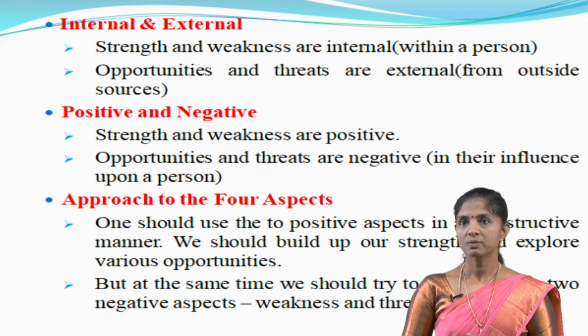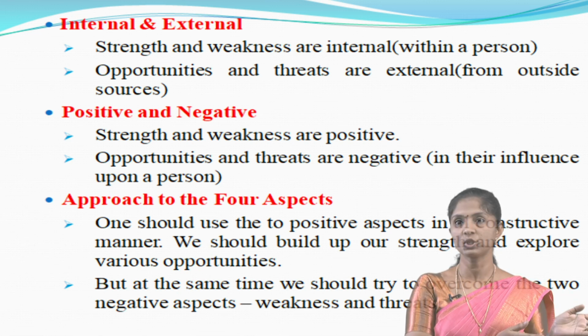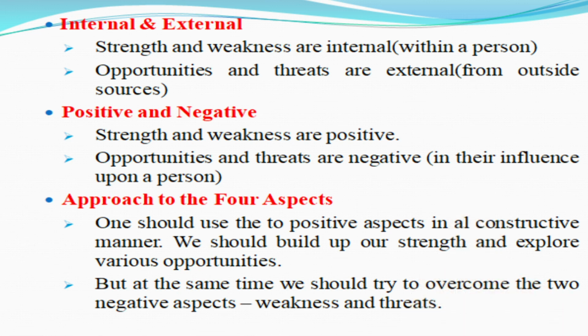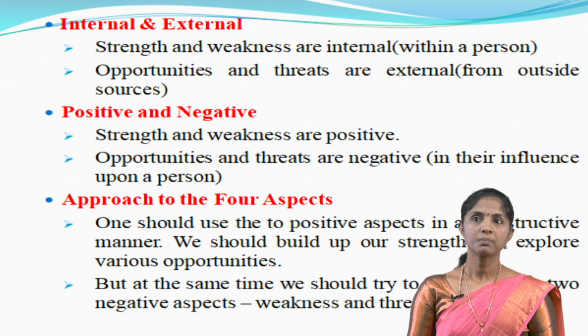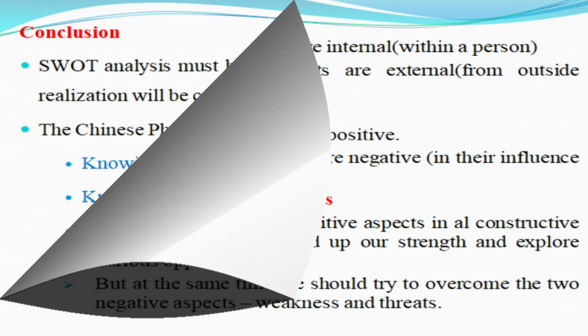So these four aspects, how to approach them? One should use the two positive aspects in a consecutive manner. We should build our strengths and explore various opportunities. But at the same time, we should try to overcome the two negative aspects, weaknesses and threats.